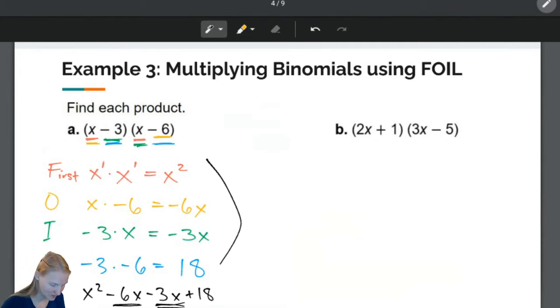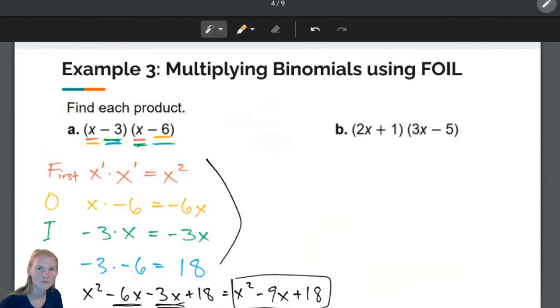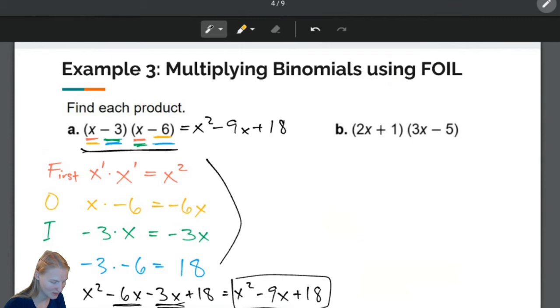And this is x squared minus 9x plus 18. And there you go. That is your final answer for multiplying these two binomials together. So this is equal to x squared minus 9x plus 18.